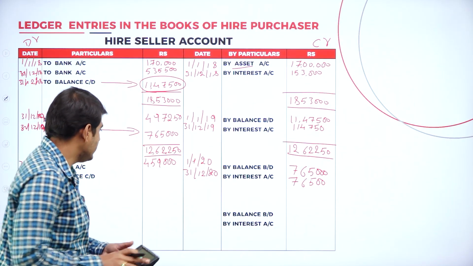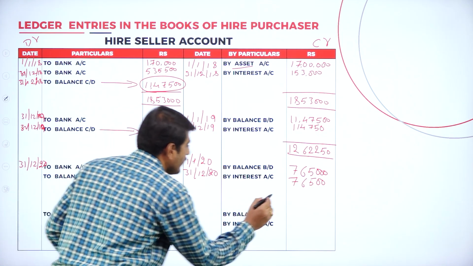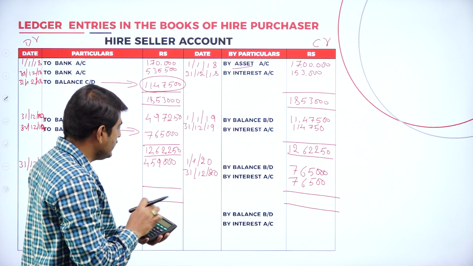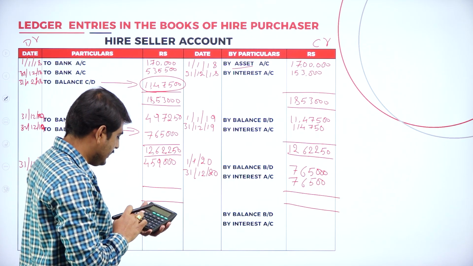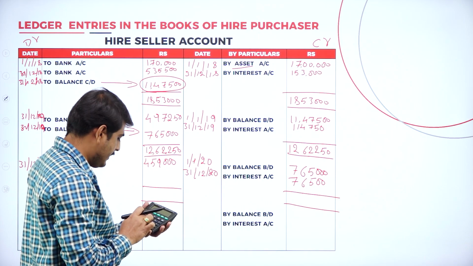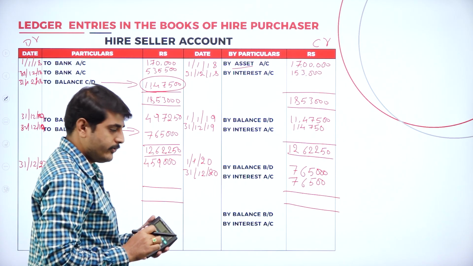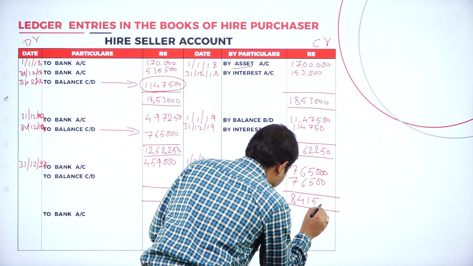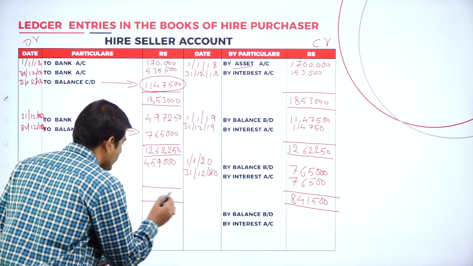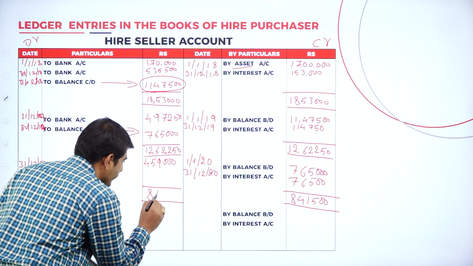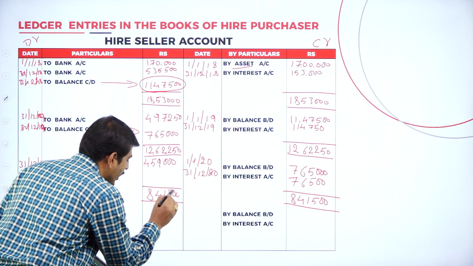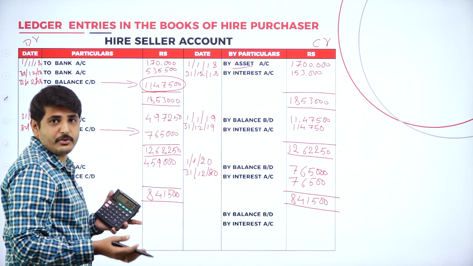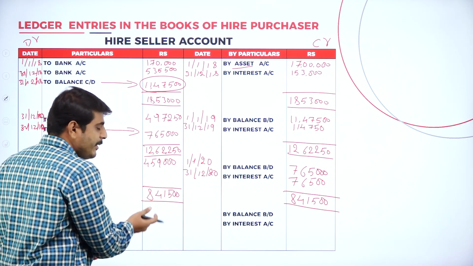Again, we have to tally the account. Let's add 7,65,000 plus 76,500. We will get 8,41,500. Here also, let's write 8,41,500. What do you mean by tallying? Tallying means getting the same amount on both sides, so we should get the same amount on both the debit side and the credit side.